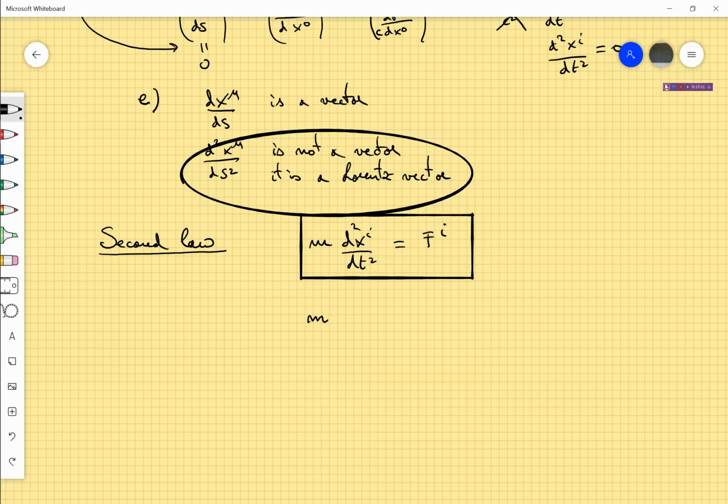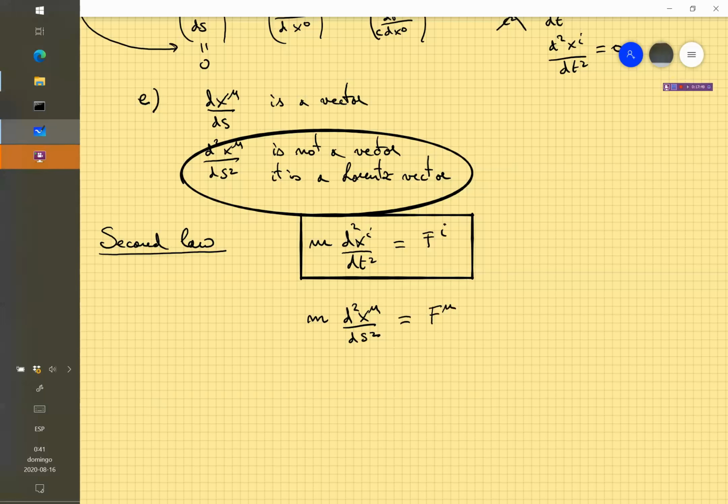This is the invariant mass. This is the one that really matters, because it takes the same value in any reference frame. We can multiply by it, because we know that this gives us the right non-relativistic limit for this acceleration. Whatever we have on the right-hand side we call f mu.